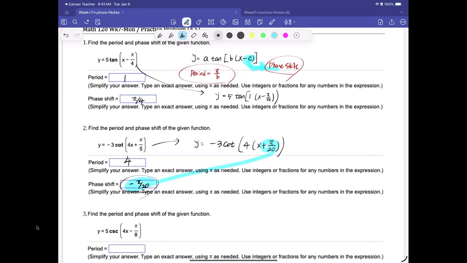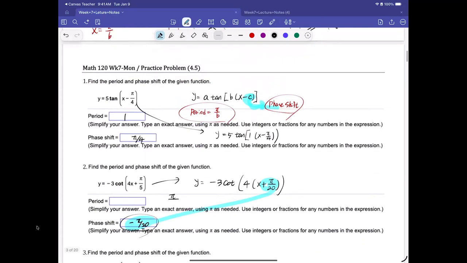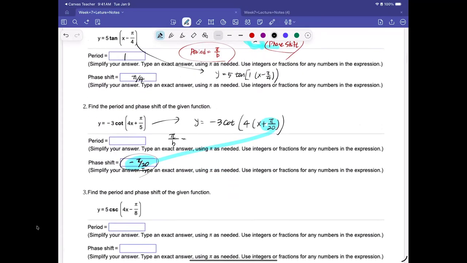So negative pi over 20. And then same as the, oh, it's not 4. What are we talking about? Pi over b is pi over 4. Sorry, b is 4, right? Okay.